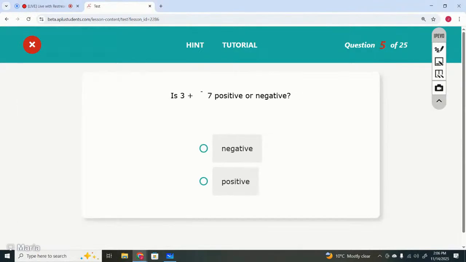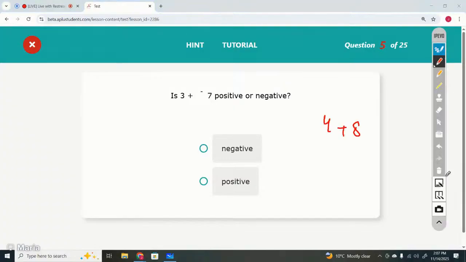Is 3 plus negative 7 positive or negative? So 7 is greater in magnitude, right? So you are subtracting a smaller number out of the greater one. Adding a negative number is same as subtracting. It is like this. So we are subtracting a smaller number out of the greater one. Answer must be negative.